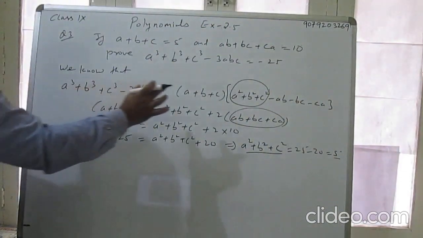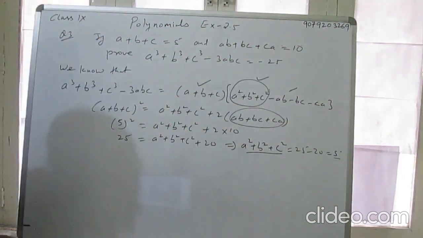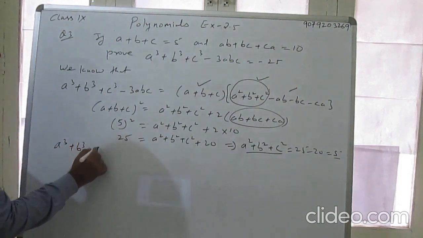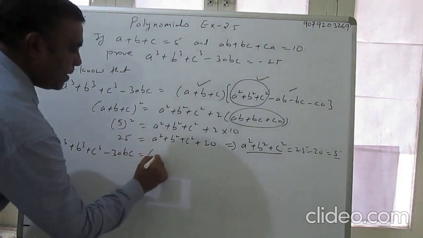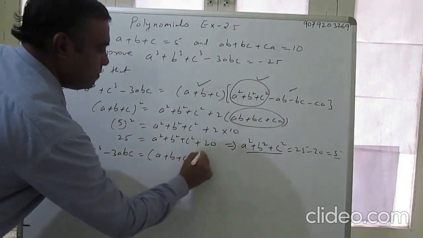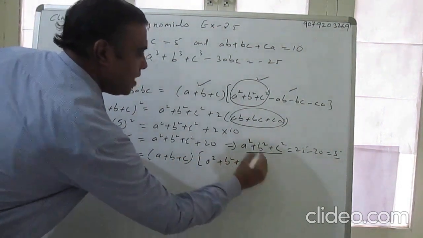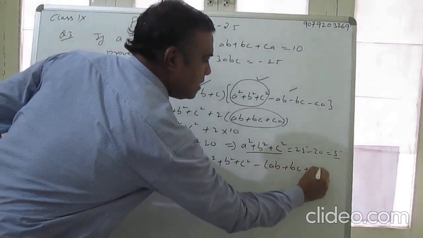Now putting the values, we will get this also and this also, and put them in this identity. So rewrite again: a cube plus b cube plus c cube minus 3abc is equal to bracket a plus b plus c, bracket a square plus b square plus c square, take out minus common, ab plus bc plus ca.